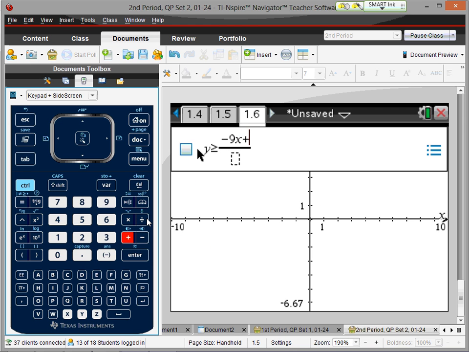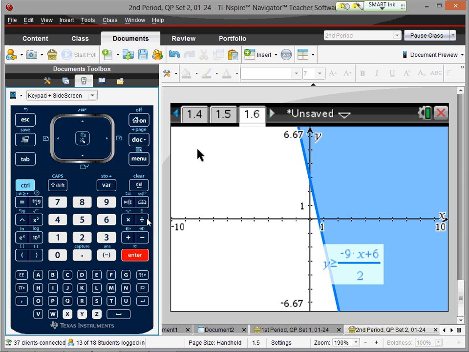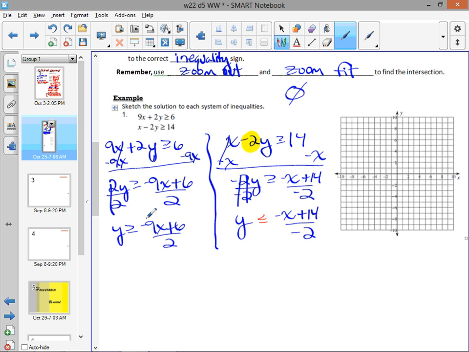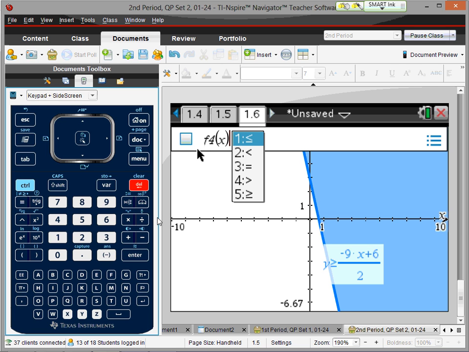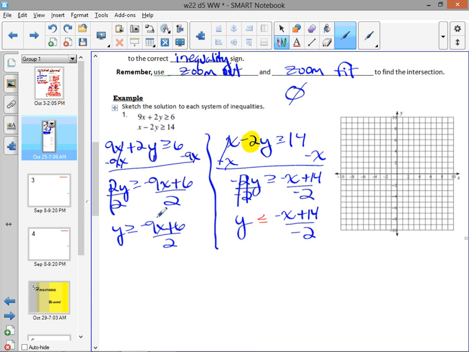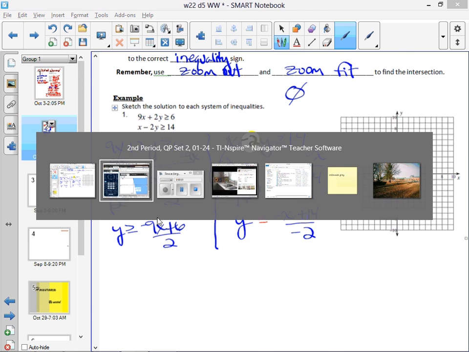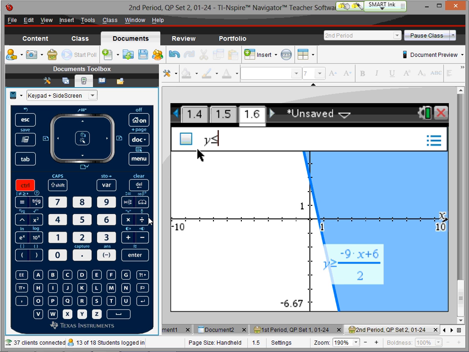Negative 9x plus 6 over 2. Okay, that's what my first one looks like. The other one is less than or equal to negative x plus 14.